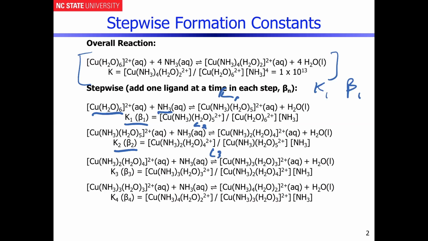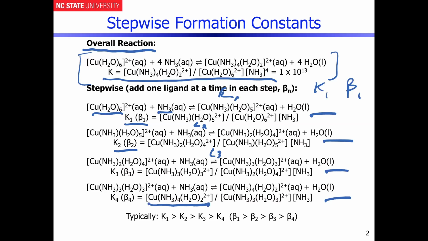And then finally, for the fourth reaction, that winds up giving us the actual product that is in the overall reaction up top. And just going back to general chemistry concepts, the product of every one of these steps will give you the overall reaction that's actually written up top there.